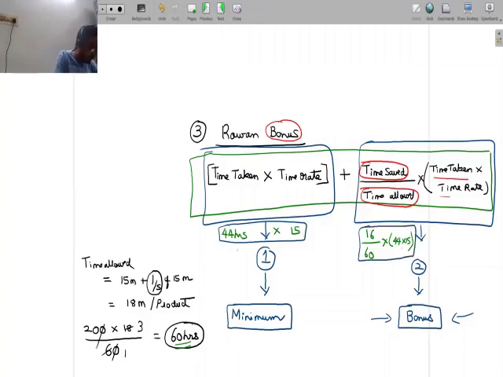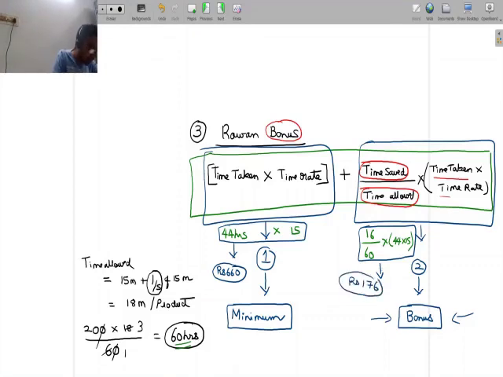Now let us try to simplify this and see what is 44 into 15. We got this in time rate itself. This is going to work out to 660 rupees. Let us see what this other thing is going to be. 44 into 15 into 16 by 60 works out to rupees 176.